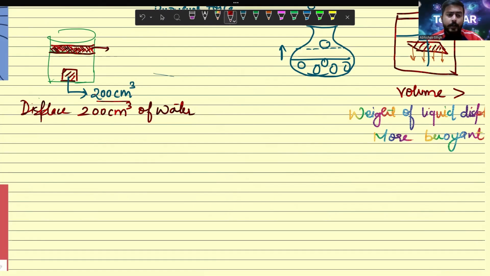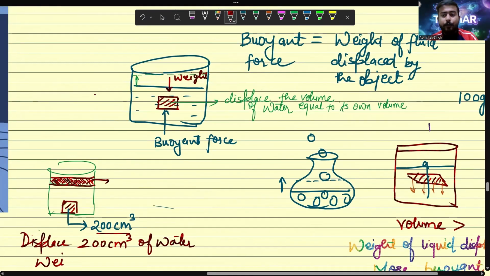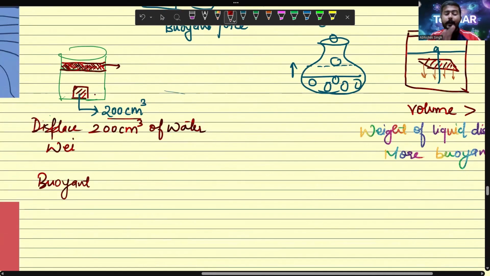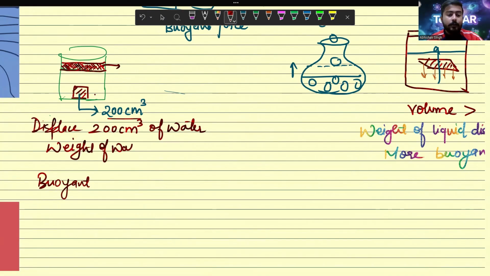Now, what do we need to find? We have to find how much buoyant force is acting on this. But we already know from Archimedes' principle that the buoyant force is equal to the weight of fluid displaced. We only know the volume of liquid displaced, but we don't know the weight of water displaced.